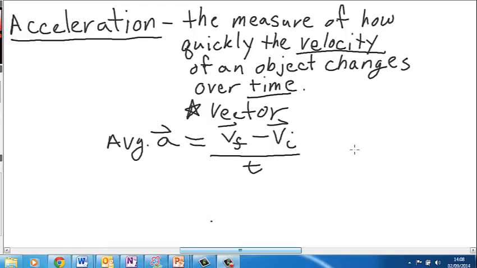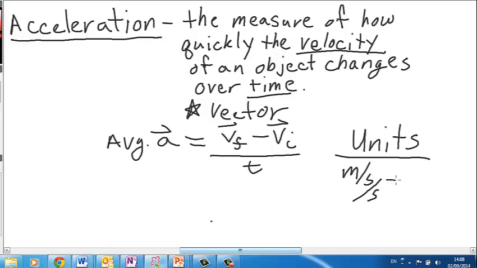Okay. Because acceleration is velocity over time, its units are some velocity over time. So the units of acceleration could be said to be some velocity, so meters per second every second, or we could say meters per second squared, or if we write it IB style, meters per second to the minus 2.